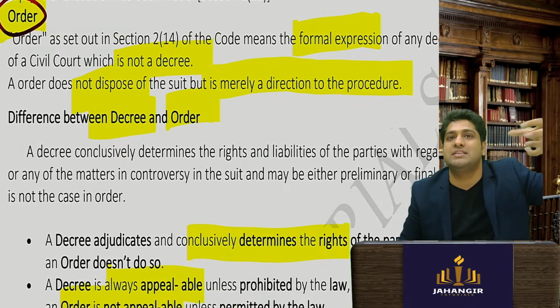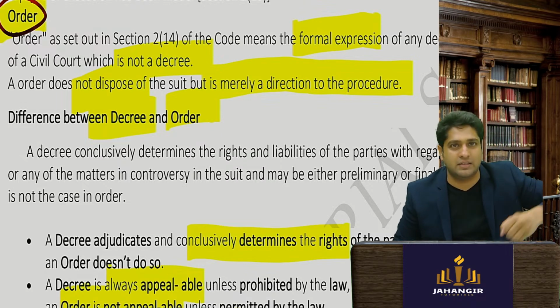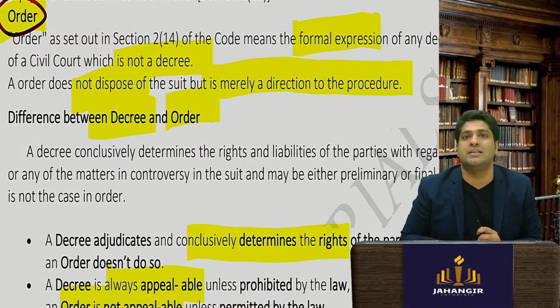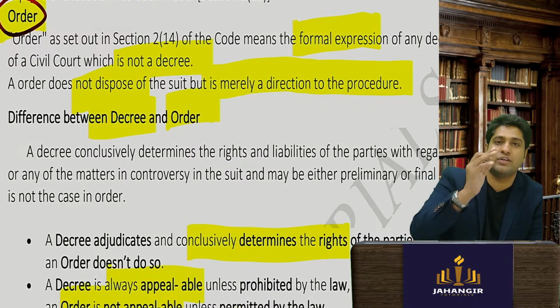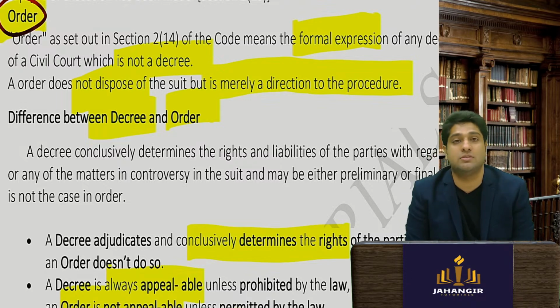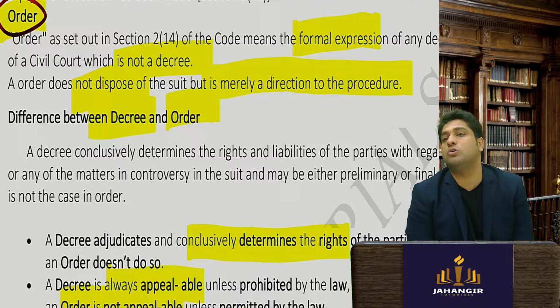Court is summoning someone, it is an order. Court is telling, bring the paper, bring the person, bring the witness, it is an order. Another example of an order is, the court is telling that till the time your judgment decision is not given, you keep your passport copy with the court. Passport should be kept with us.